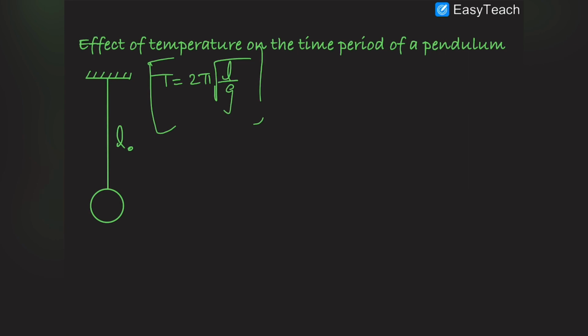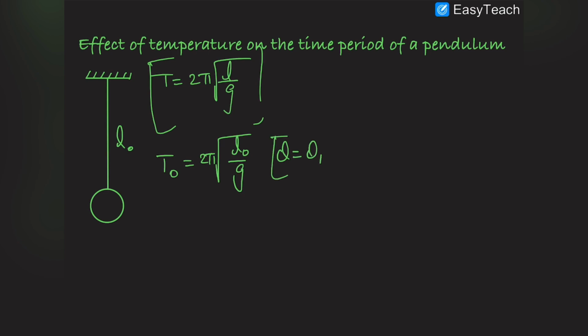Now we know that if we increase the temperature, this L will increase, and therefore the time period of this simple pendulum will change. So let us see that at temperature θ1, the time period was T₀, and T₀ was 2π√(L₀/g).